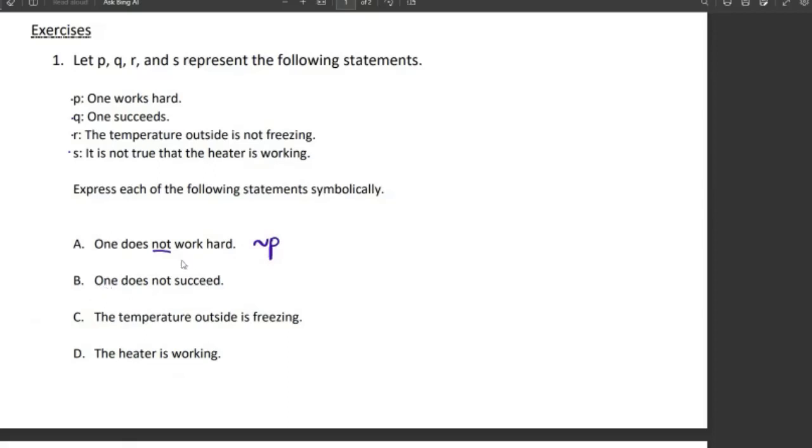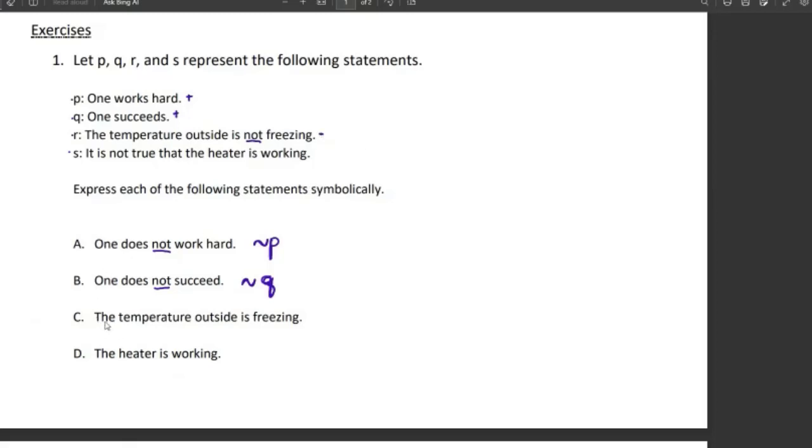B says that 1 does not succeed. Okay, so we know that that's going along with the letter Q. But it also has not, and our original says that 1 succeeds. So it's positive here. And 1 does not succeed is negative. So we can put like positive symbols. These are positive. The temperature outside is not freezing, so that would be negative.